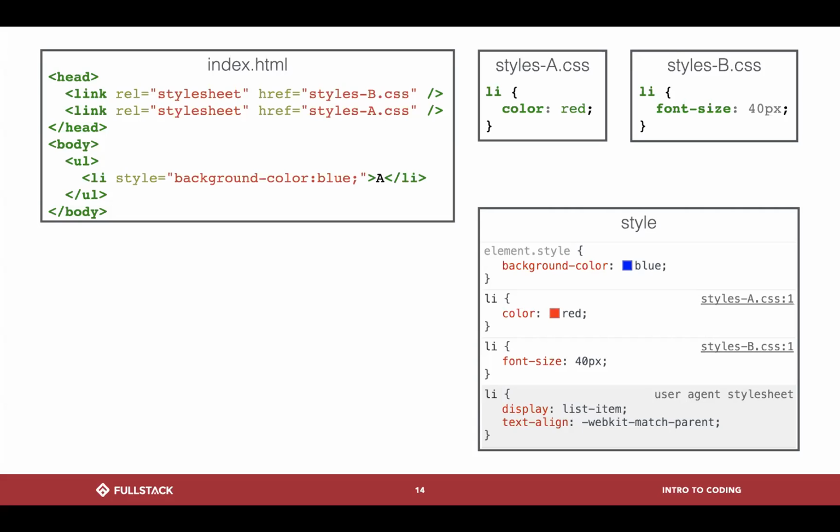The fewer times that you have to go through line by line and find something and edit it and change it, that's what we're going to try to avoid with these best practices. So this is really just an example to show you that sometimes you might see inline styling like this background color blue, but it's typically not best practice.